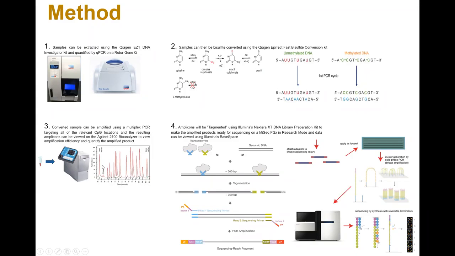The Bioanalyzer would be about $6 per sample, but that would really only be necessary in the development of this entire process. Once we know that our PCR is working approximately well, you could just use a Qubit to get the quantity of DNA that is in our PCR amplicon.